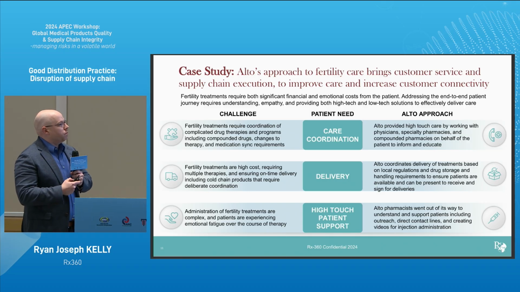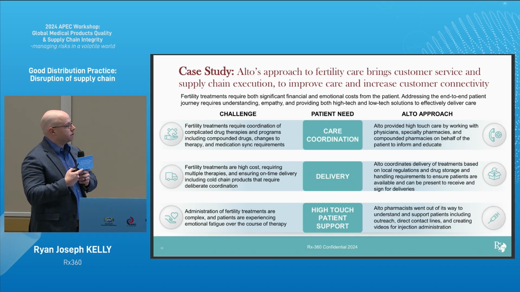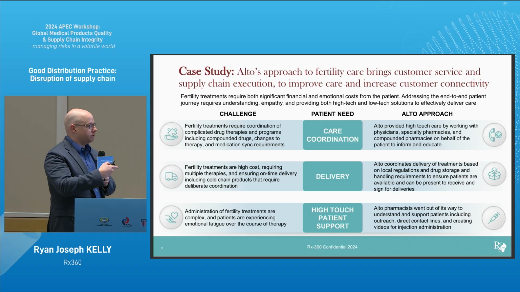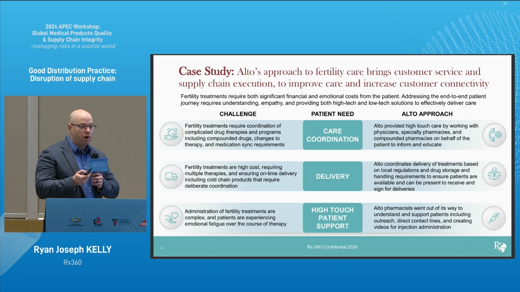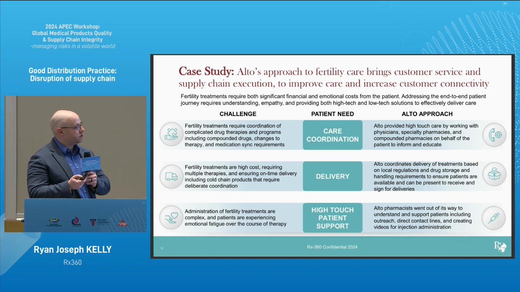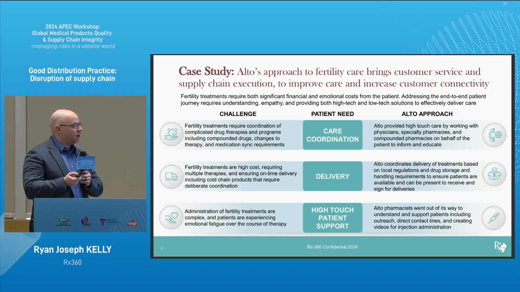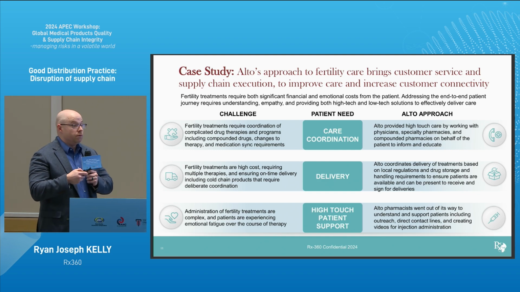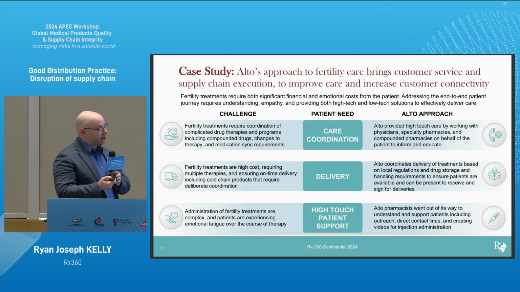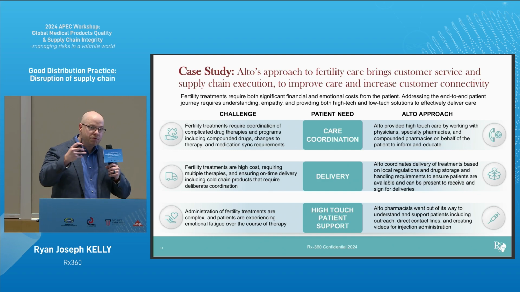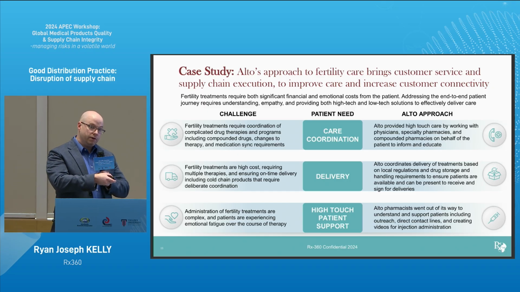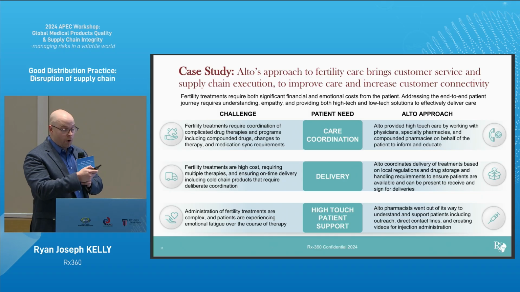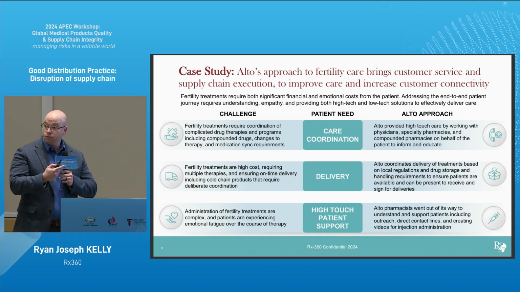And so as we think through a lot of these things, what are the different challenges and how is Alto approaching this? Given all these challenges, they're trying to provide high-touch care by working directly with patients, physicians, specialty pharmacies, and compounded pharmacies. One, to educate the patient and keep the patient informed, but also bring all of these medications together. That way they can provide a uniform delivery to the patient where they are, whether they're at home or whether they're at work.